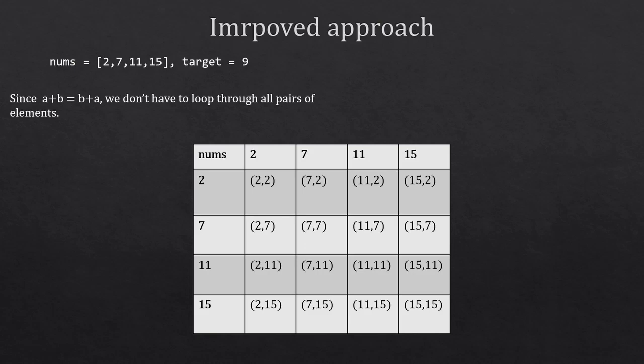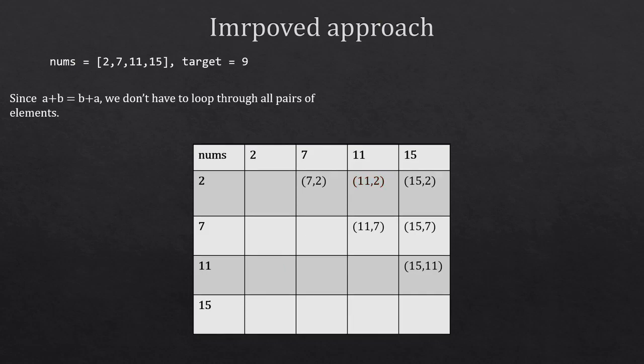Also, we may not use the same element twice, so we can reject all the elements that have the same index. In our example, it will be 2, 2, 7, 7, 11, 11, and 15 and 15. By looking only at unique combinations of the list, we are left with less than half of original pairs.